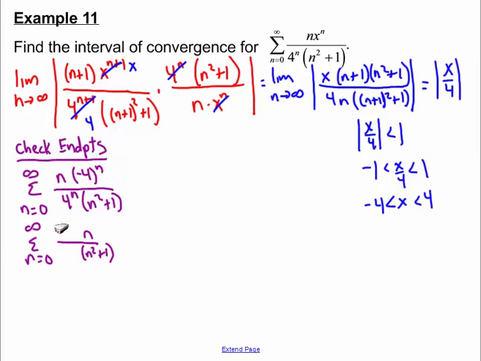The alternating series test works because when I'm plugging in values for n equals 1, 2, 3, 4, this piece is always going to be positive. It alternates by this -1 to the n, and this limit goes to 0. So therefore, this converges by the alternating series test. Now, that means that -4 is included in our interval.